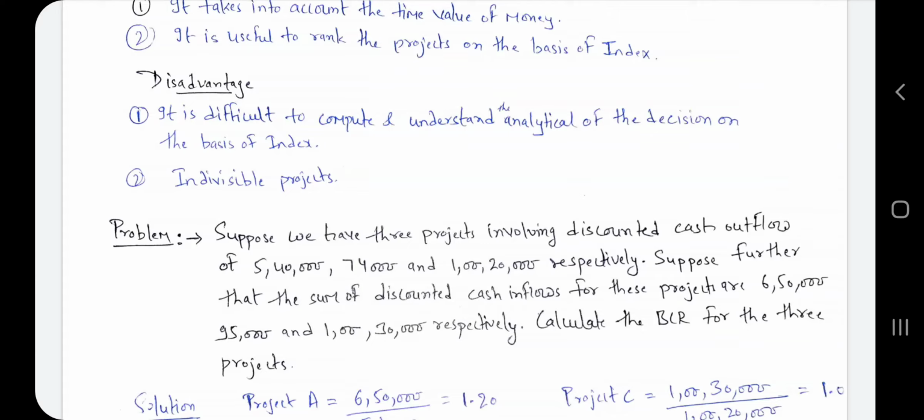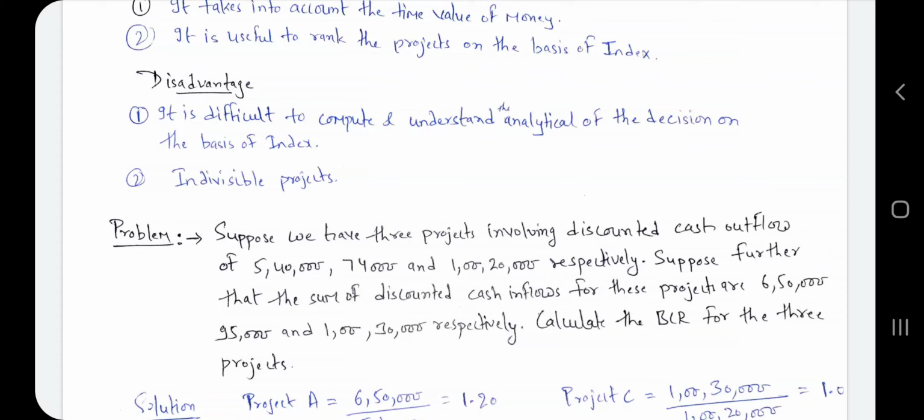Calculate the benefit cost ratio for the 3 projects. We are given the cash inflow and cash outflow values, and we know the formula for BCR is PV of cash inflows divided by PV of cash outflows.